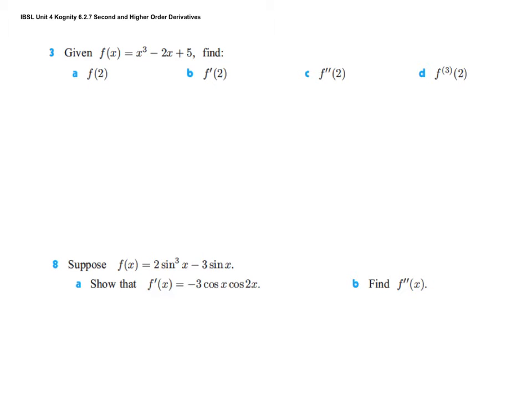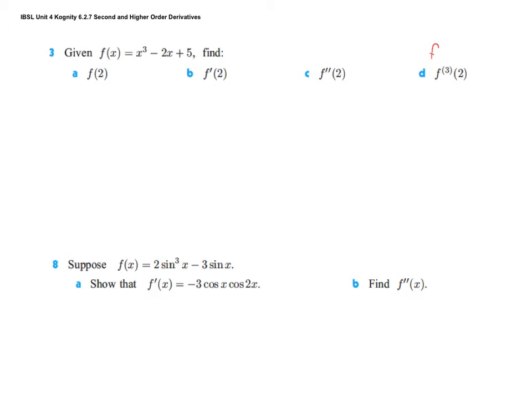Now, here you see another form of notation, and that is the prime notation for second and higher derivatives. So you're familiar, this is f of 2. Here's f prime, the first derivative. Notice for the second derivative, we just put 2 primes there. The third derivative, you can do one of 2 ways.